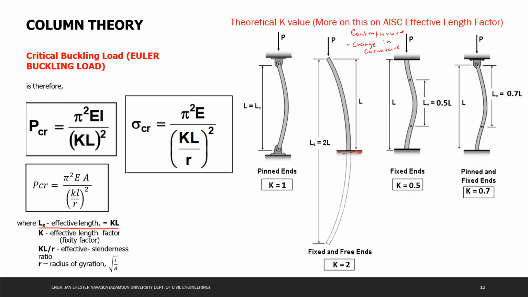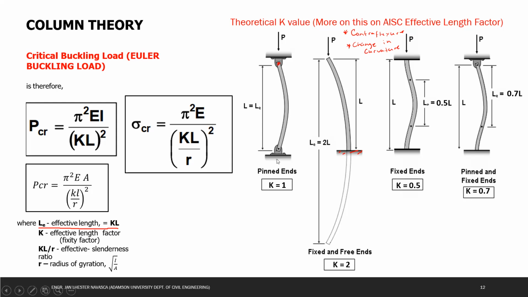In calculus, the change in curvature is given by the second derivative of our graph. In strength of materials, we call it a point of contraflexure. That is the point where the elastic curve changes its concavity.